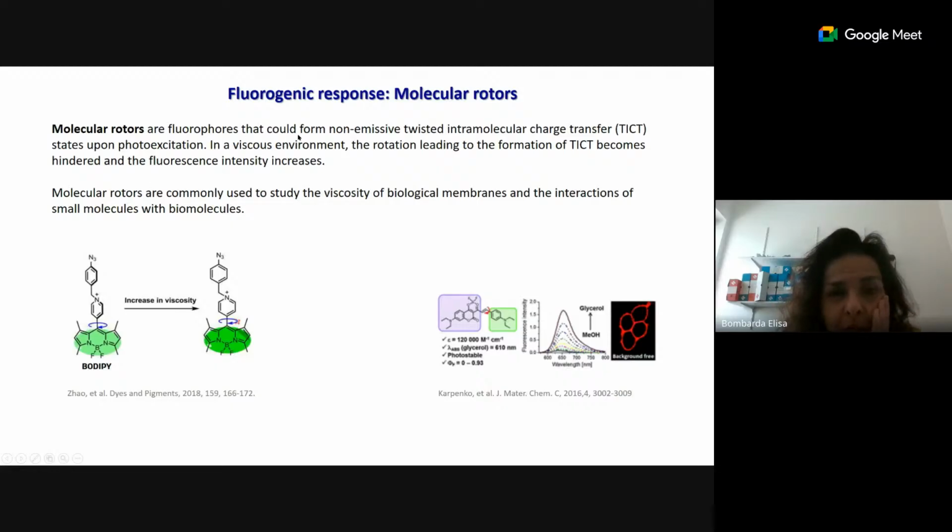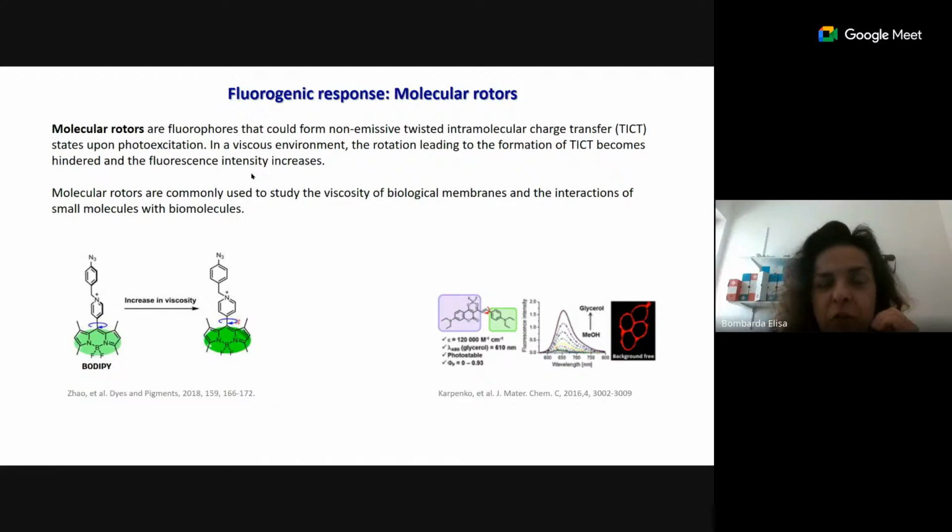So there are fluorophores that could form a non-emissive twisted intramolecular charge transfer state upon photon excitation. And so that means that you have more or less fluorescence according to the rotation.